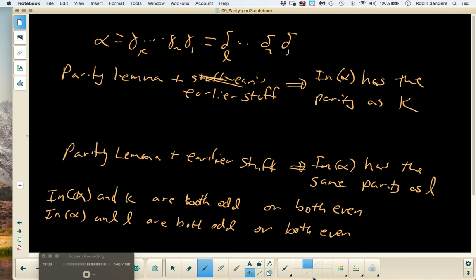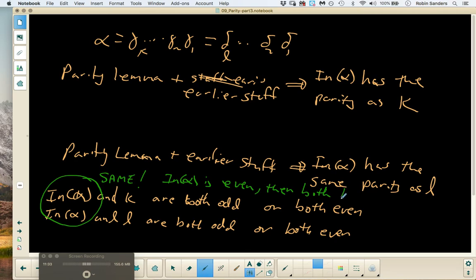Now, the inversion number of alpha doesn't change. This is the same integer in both statements. And so what that means is that if the inversion number of alpha is even, then both k and L are even.